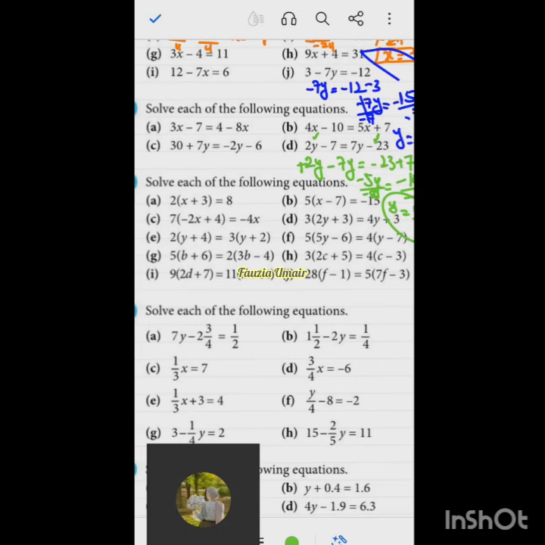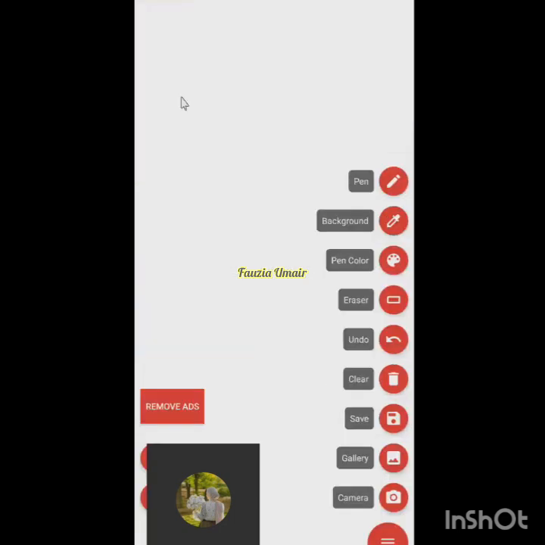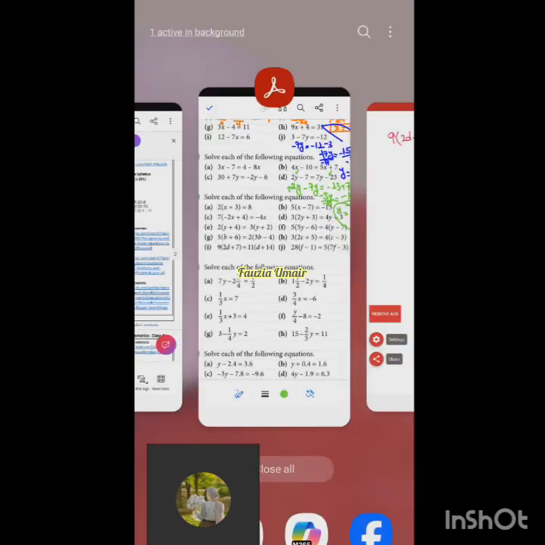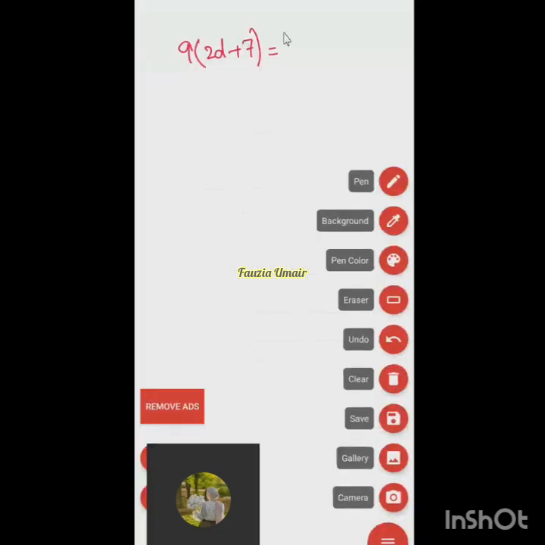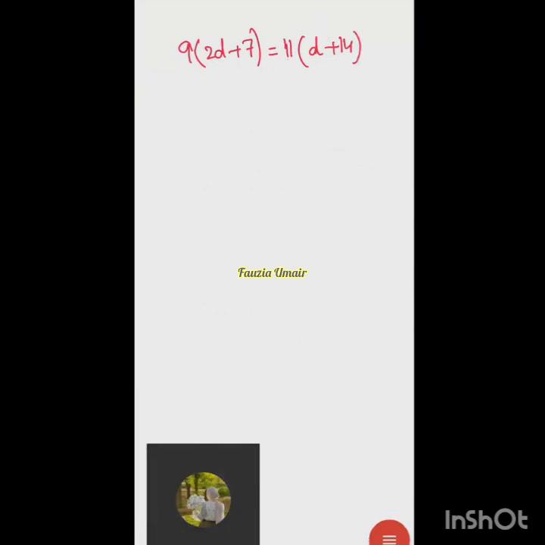9 into 2d plus 7 is equal to 11 into d plus 14. So this is the question. What would be the first step? Open the bracket, expand them. 9 will be multiplied with both of these: 18d plus 63.